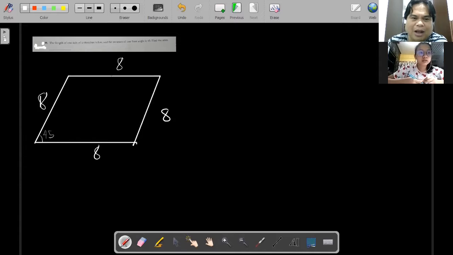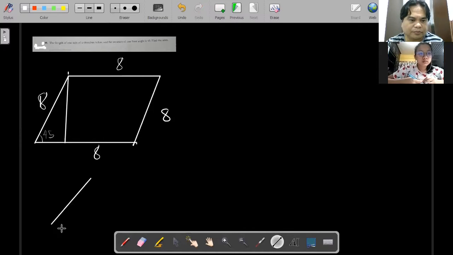Now, out of the rhombus I'll make a right triangle, that would be easy, right? So this now becomes, if I may draw it, this should be 90.